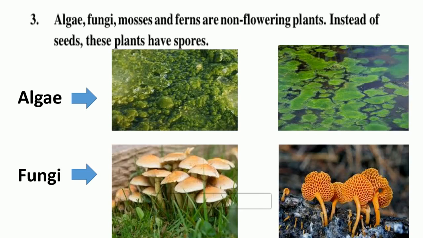That's why it is green in color. As I have told you, non-flowering plants reproduce by spores instead of seeds. There is also another group called fungi that includes mushrooms, and these also reproduce by spores.